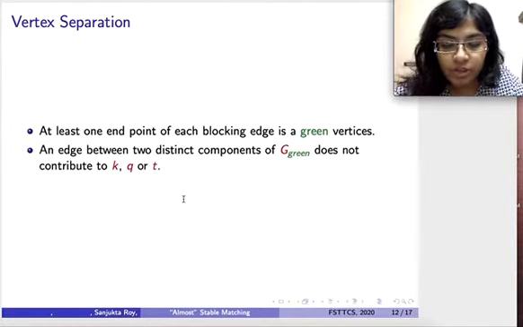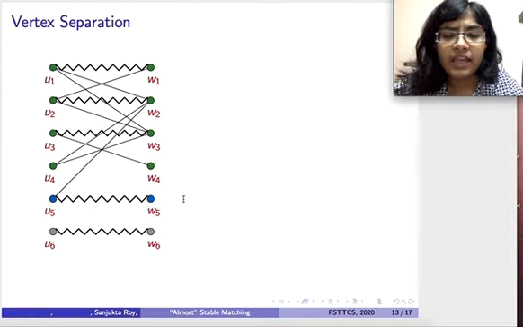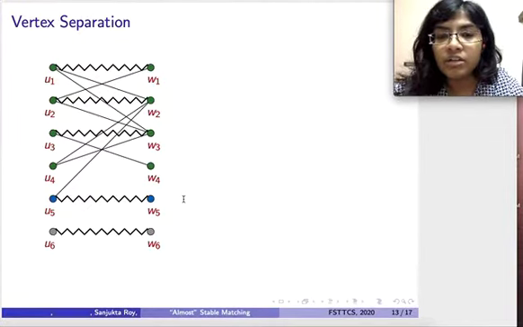Okay, so now we will focus on the components of the graph G green. So this is what we have done, and now are we done? Can we now find the solution? We know the symmetric difference vertices, so we know these green vertices. Now I'm looking for an alternating path, or maybe an alternating cycle.